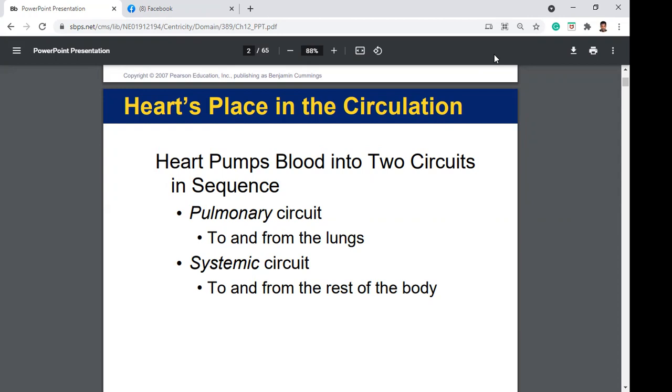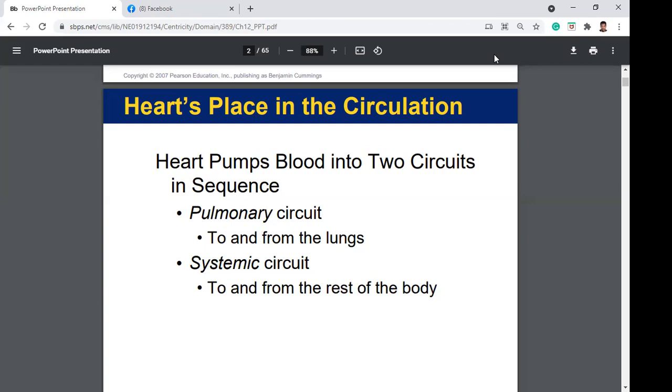The right ventricle pumps deoxygenated blood to the lungs through the pulmonary vein, and the pulmonary what? Artery. Pulmonary artery. Good. And the left ventricle pumps oxygenated blood to all the other parts of the body through the systemic artery.